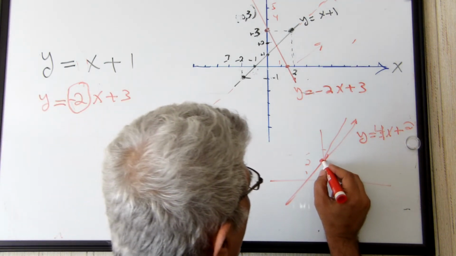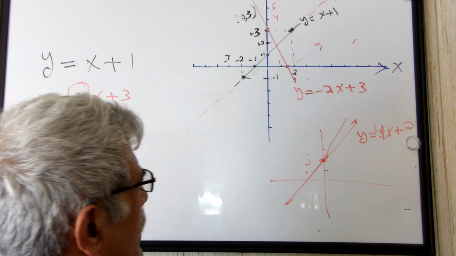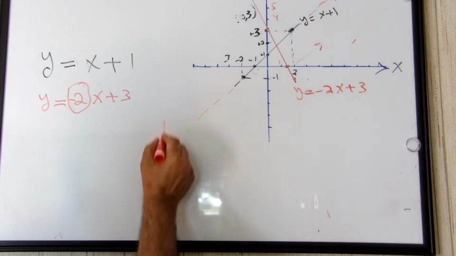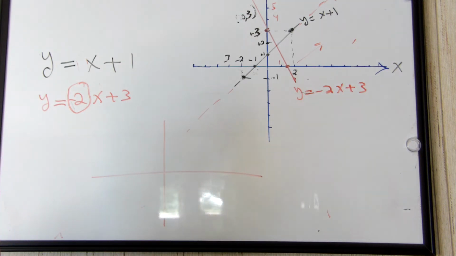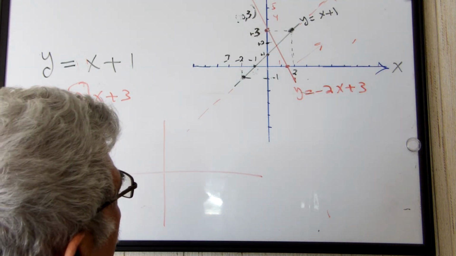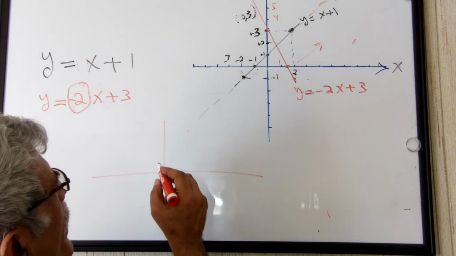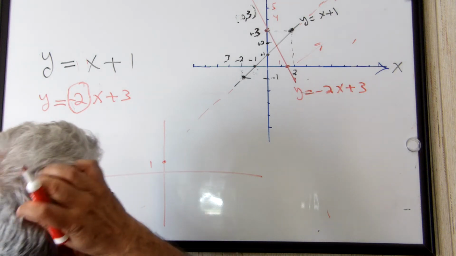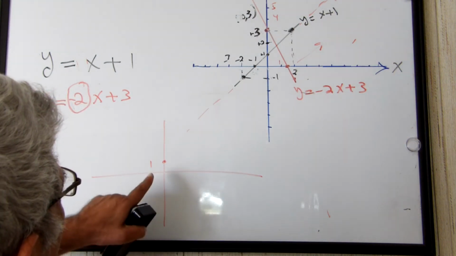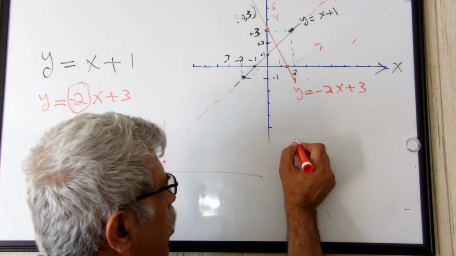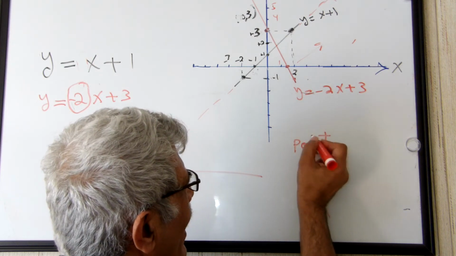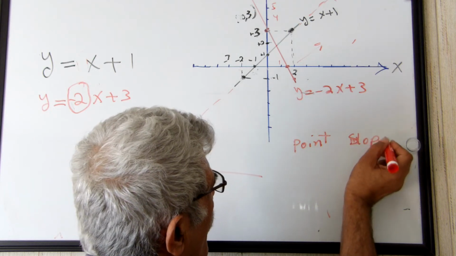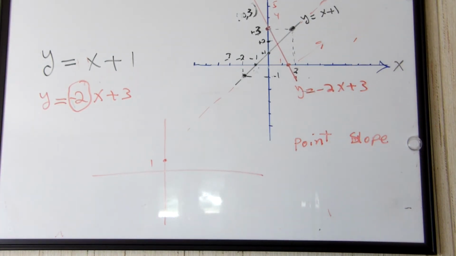If you have this point, 0 and 1, and you have the slope of that, you need one point and a slope to graph the function.